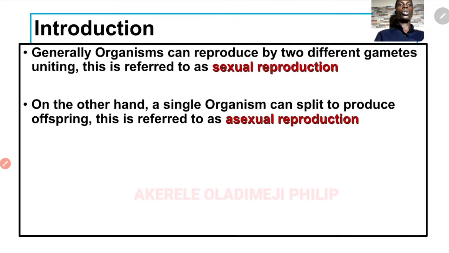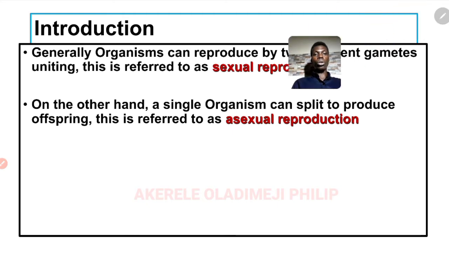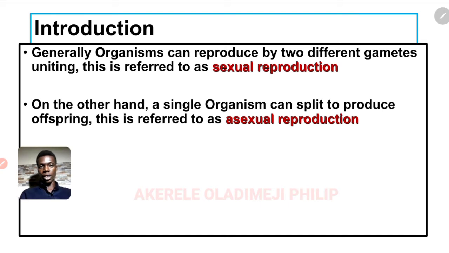So sexual reproduction, generally when you talk about reproduction, it means that organisms give birth to young ones, having a younger one, so to say, or having offspring as it were.